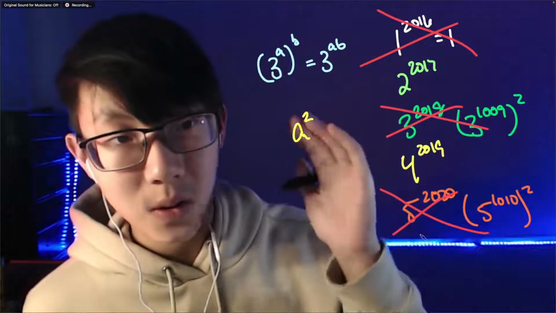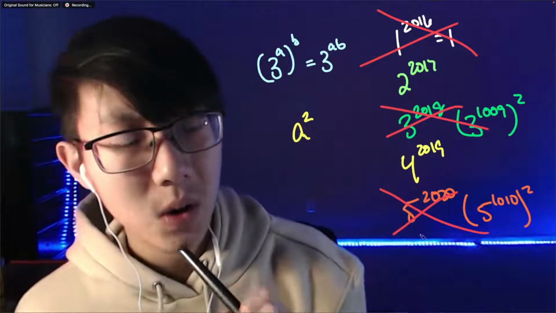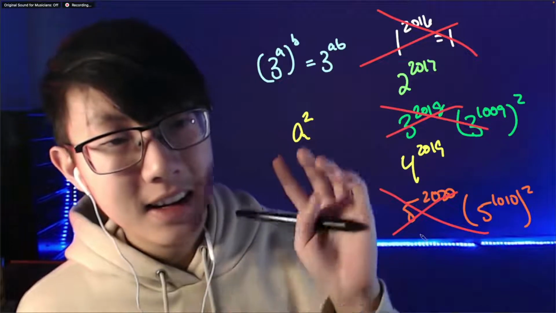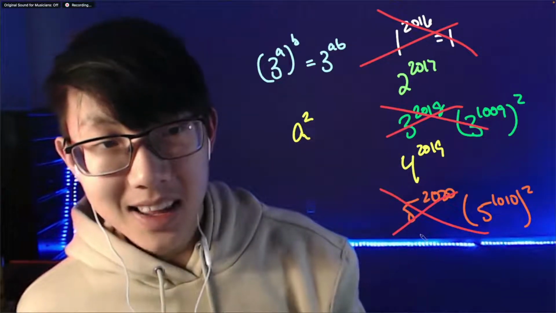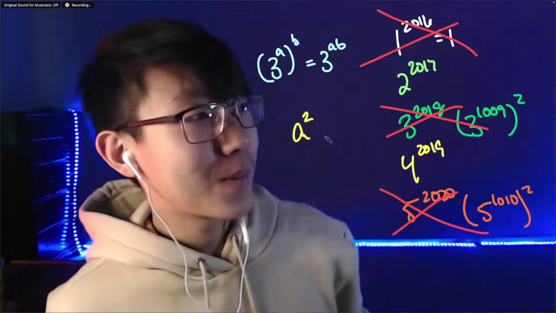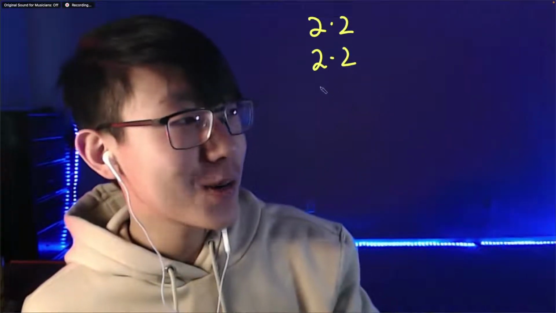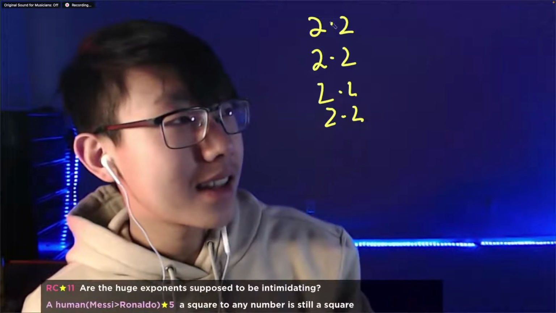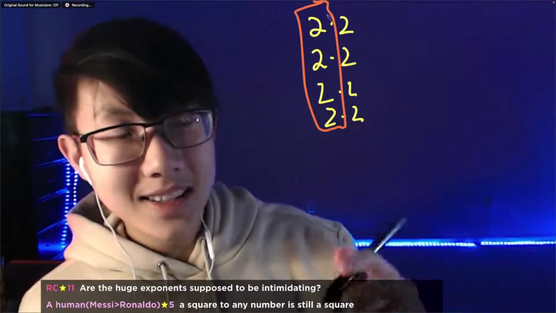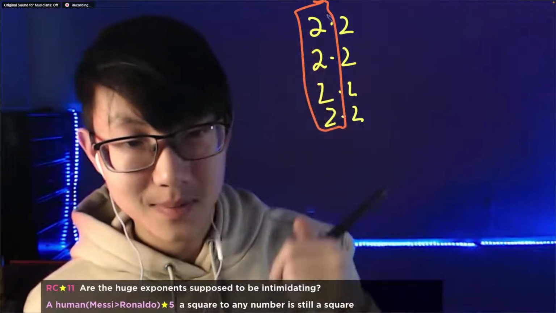2 to the 2017th or 4 to the 2019th. What's nice about 4 though is that it is a perfect square. 4 is 2 squared. And that means, for example, if I took 4 squared, that would be that. If I took this squared, it's just a bunch of 2's. And no matter what, I can always take this side, and that squared gives me that.